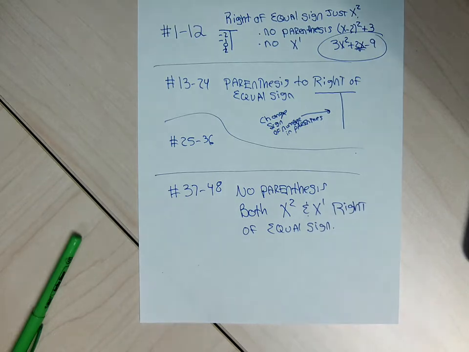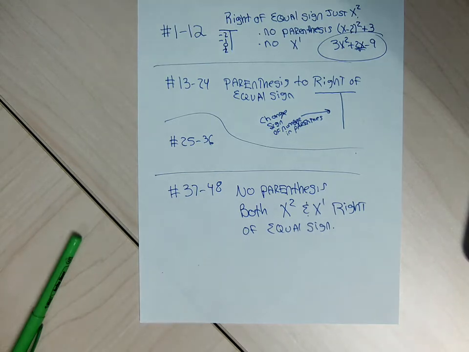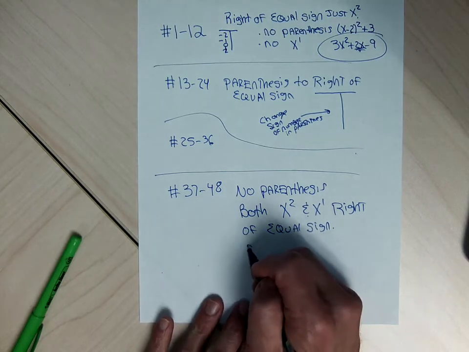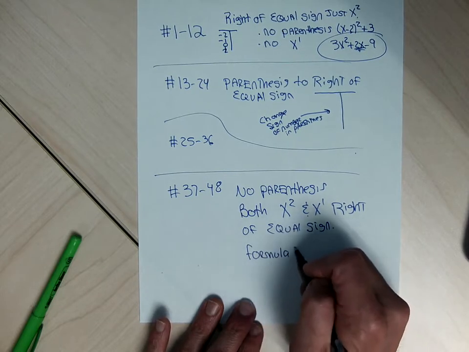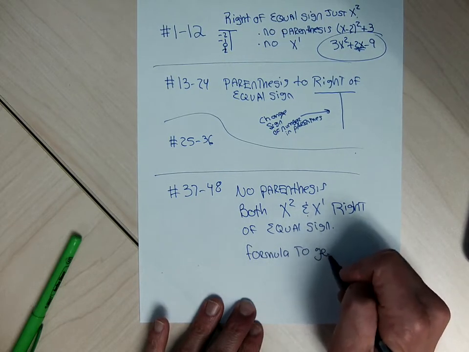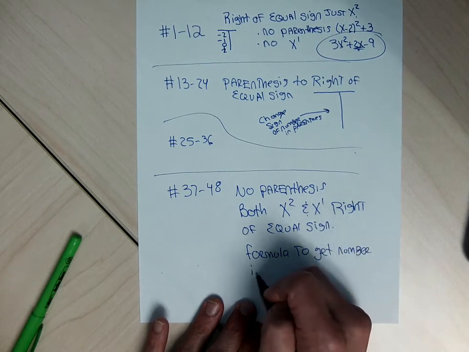And these, you could actually use completing the square to make them look like the parentheses problems, but that's ridiculous. For these, there's a formula to get the number in the middle of the x column.